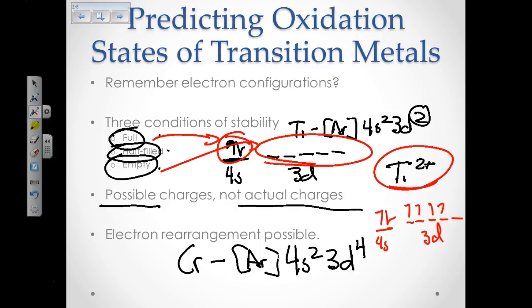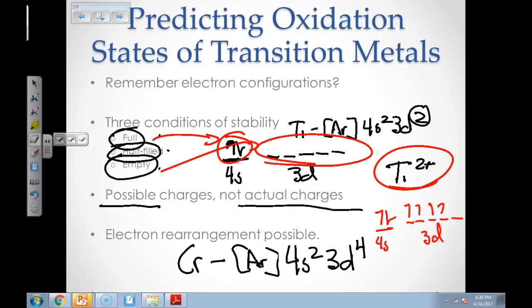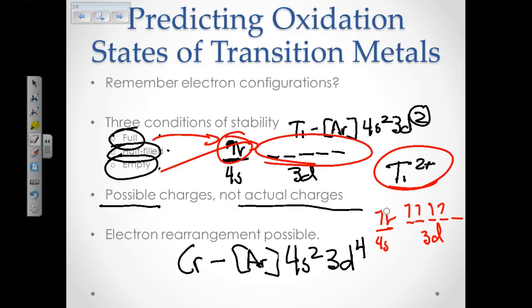What we can do is rearrange these electrons, because these electrons are close in energy, so we're not losing much by rearranging them, and this electron is going to go here. We still have those 6 electrons in the valence, but they rearrange in order to form this electron configuration.